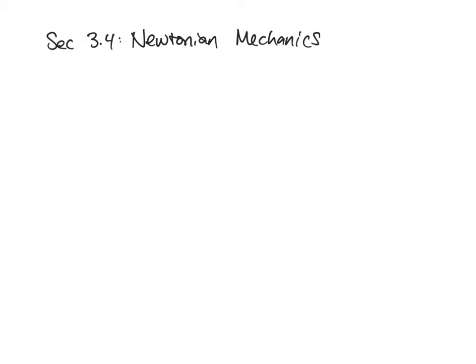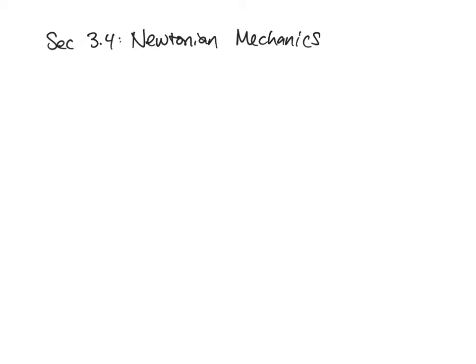Okay, so how do we model a problem using Newtonian mechanics? We're looking at Newton's second law of motion, which says that when a body is subject to one or more external forces, the time rate of change of the momentum is equal to the sum of the external forces acting on it.